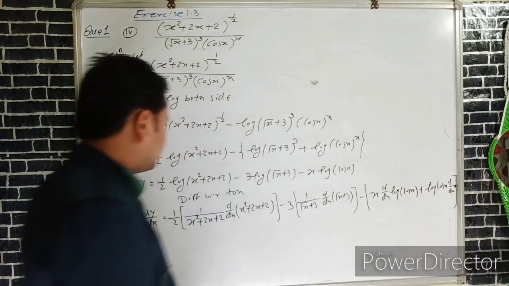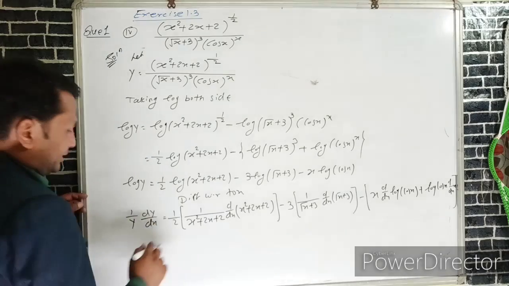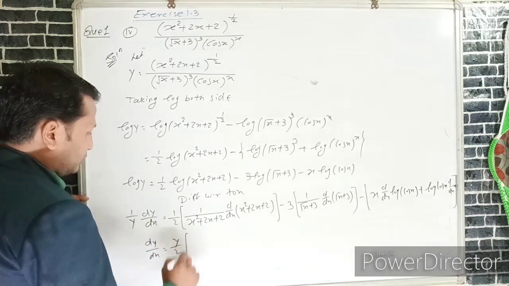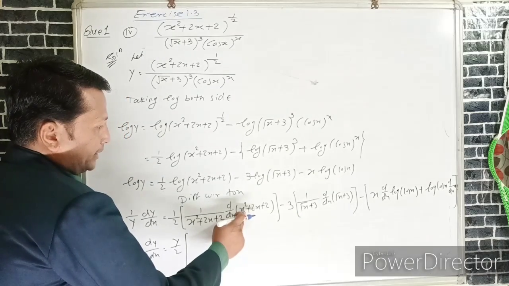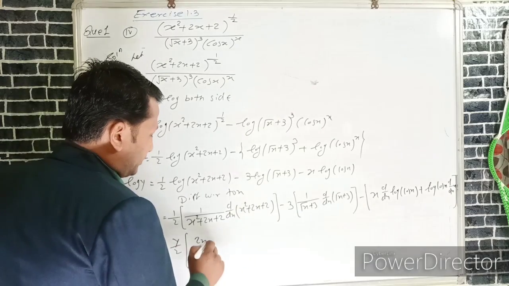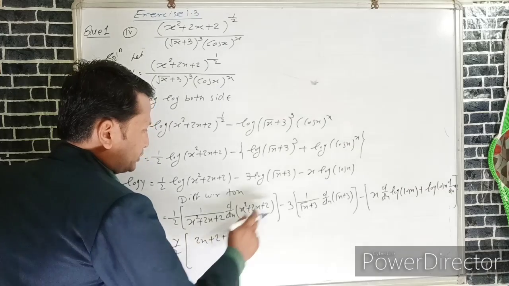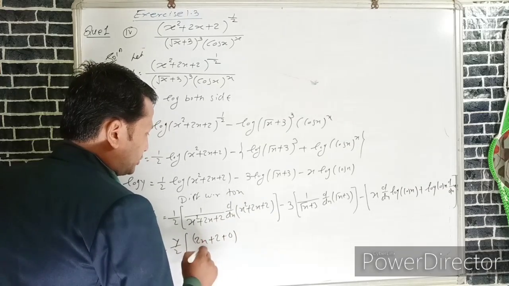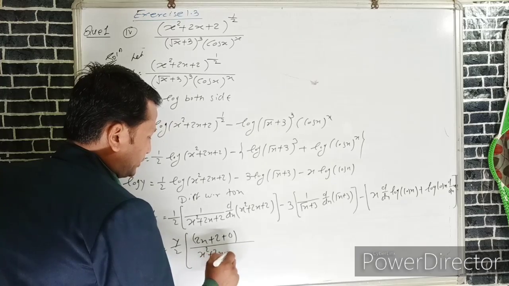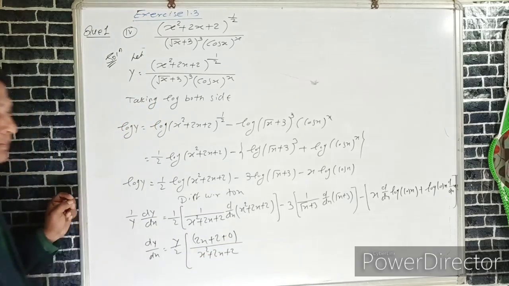which is 1. Now if we take this y right side, then we can write y upon 2 into the derivative of x square is 2x, the derivative of 2x is 2, plus the derivative of constant 2 is 0, upon x square plus 2x plus 2 as it is.